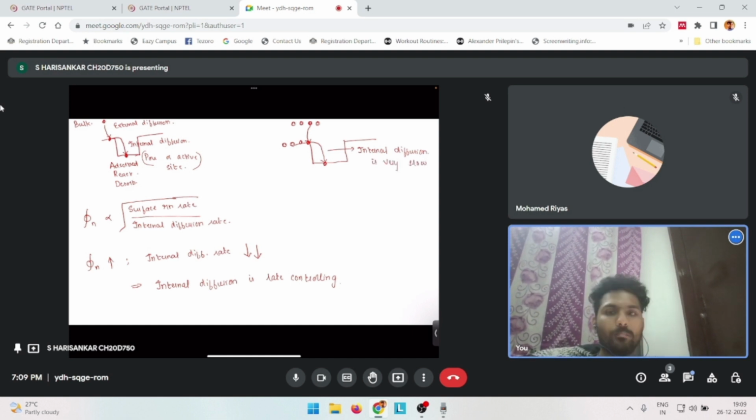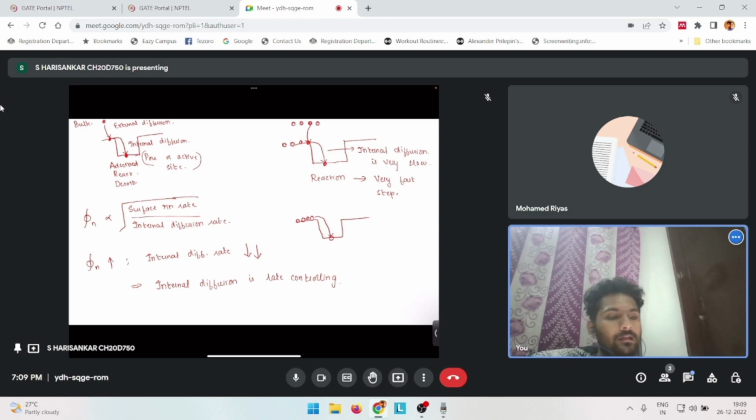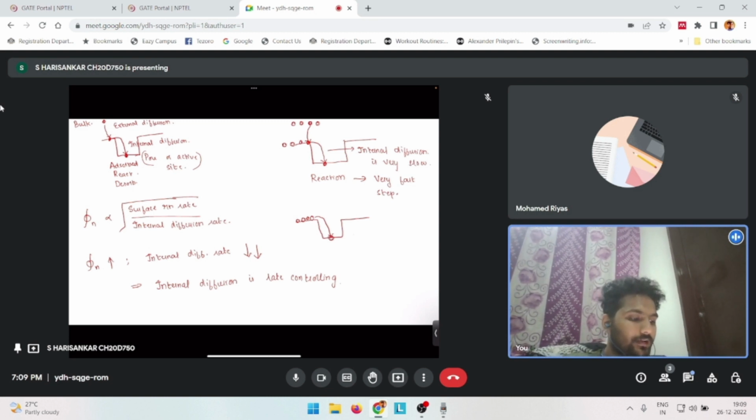But after diffusing, when the reaction happens, that is a very, very fast step. So let's say your particles are right now on the external surface, and one by one they are diffusing into the internal surface very slowly. The moment they get adsorbed on the catalyst site, reaction happens because the reaction rate is very fast.